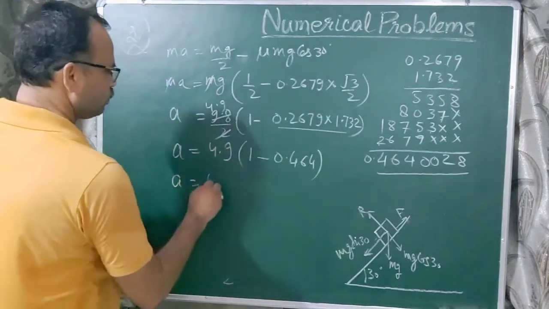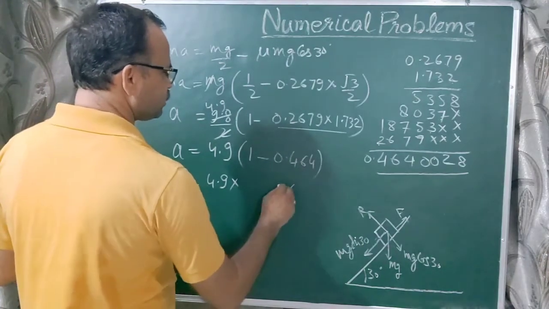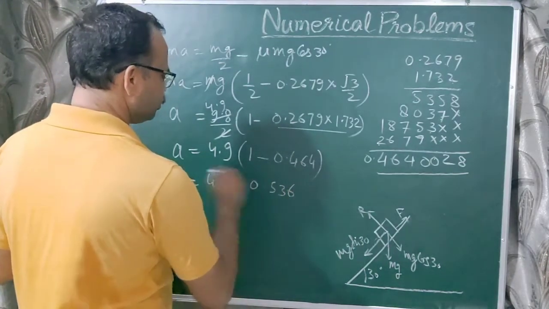So a equals 4.9 into 1 minus 0.464, which is 0.536.